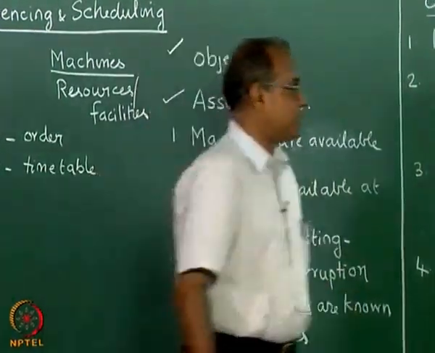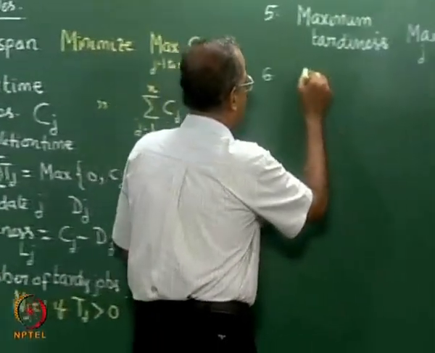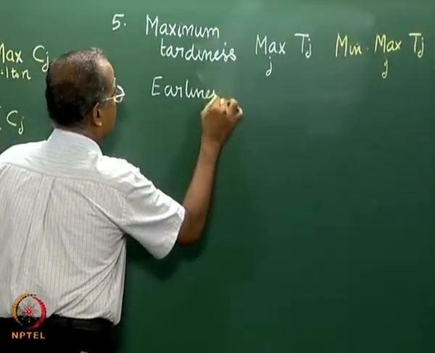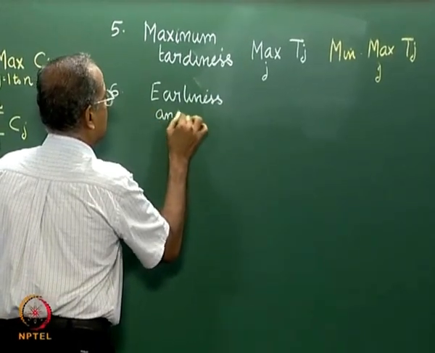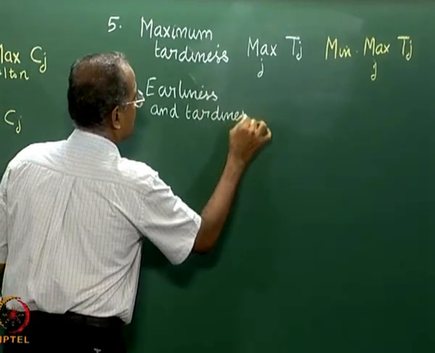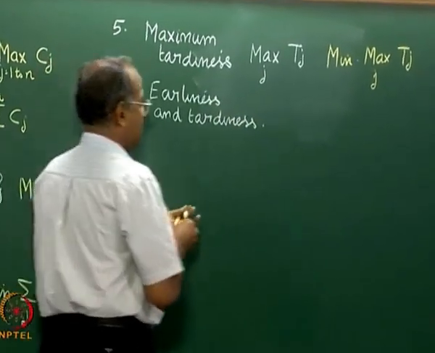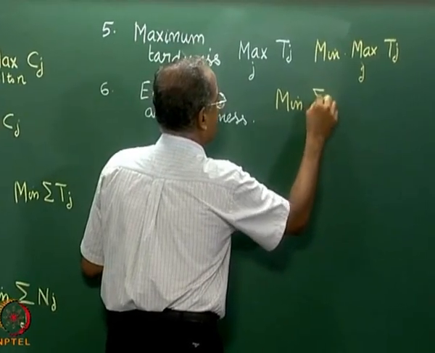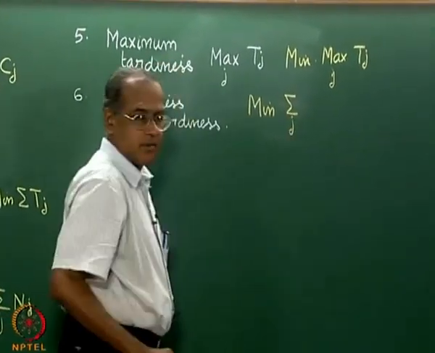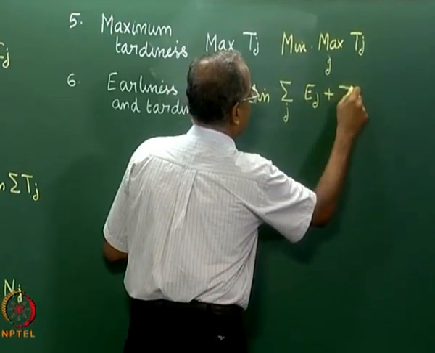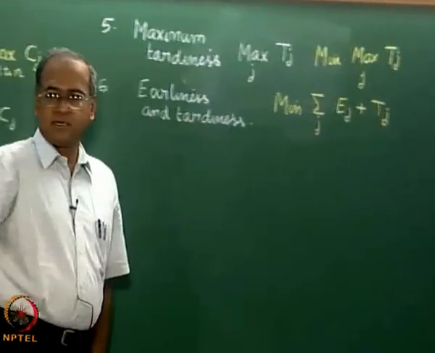So the objective now shifts to computing both earliness and tardiness. So here it is to minimize Ej plus Tj.